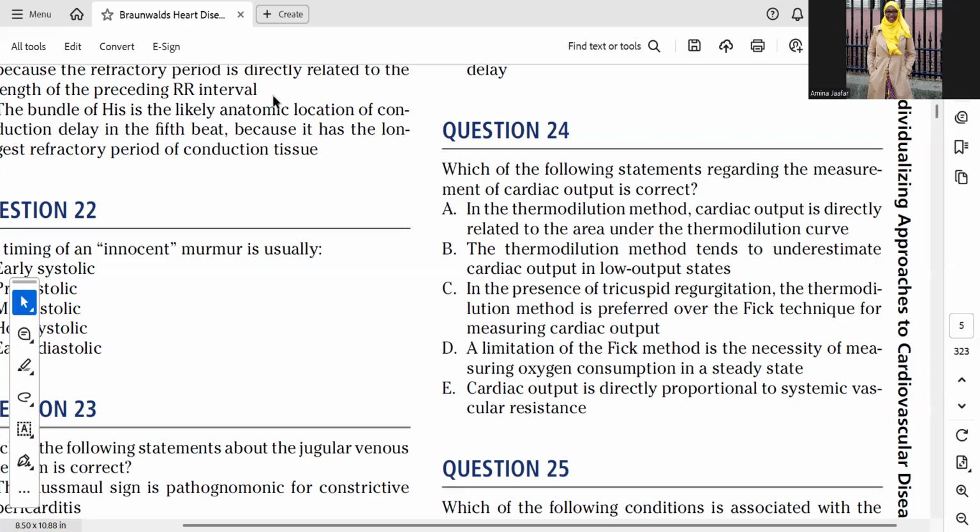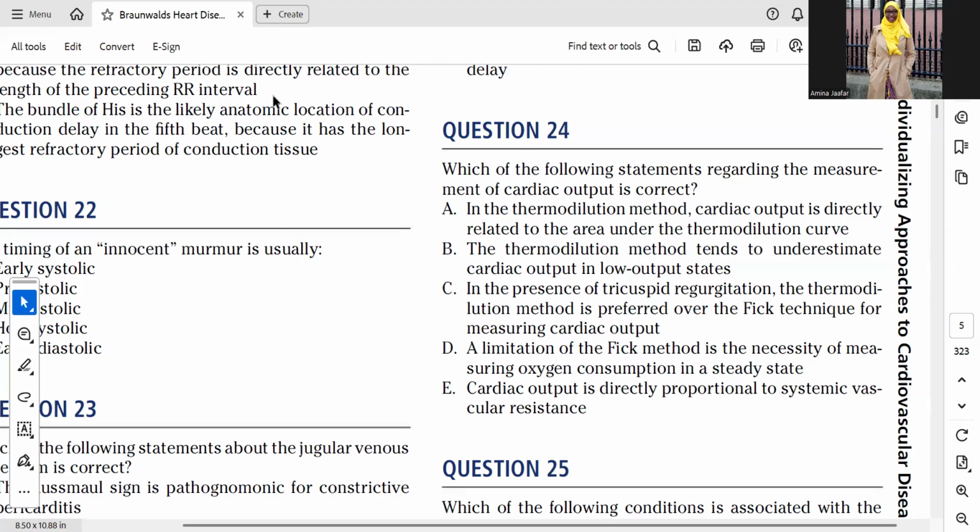The higher the curve means the area covered under the curve is short. So the smaller the area under the curve, the higher the cardiac output. Meanwhile, the larger the area under the curve, the lower the cardiac output. So this option is false.